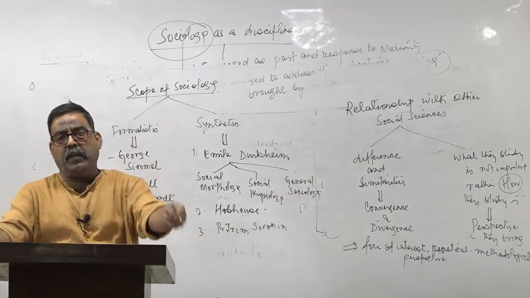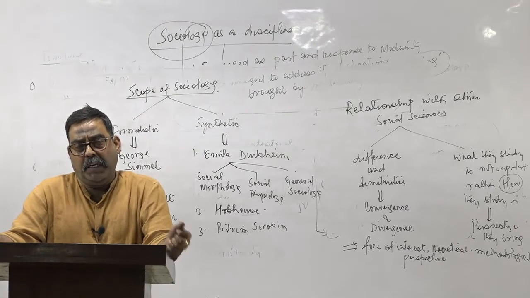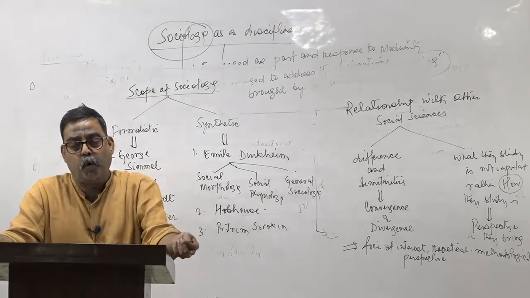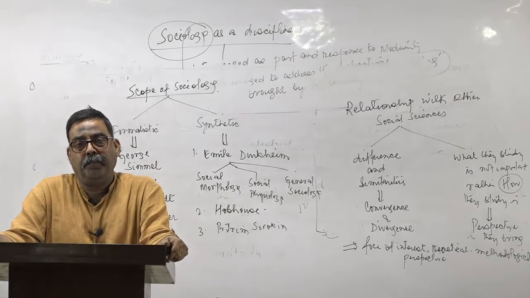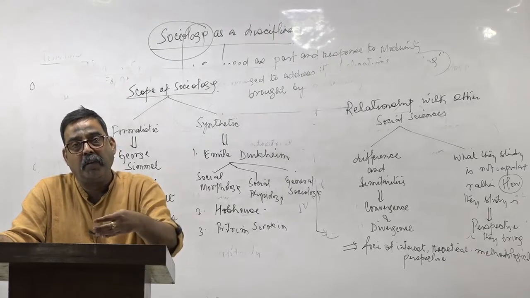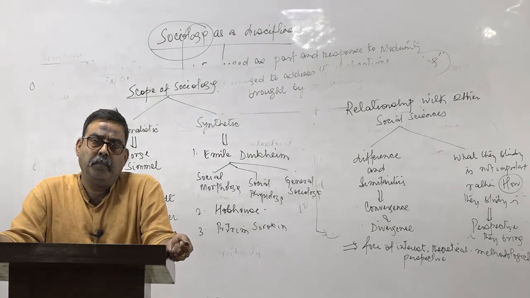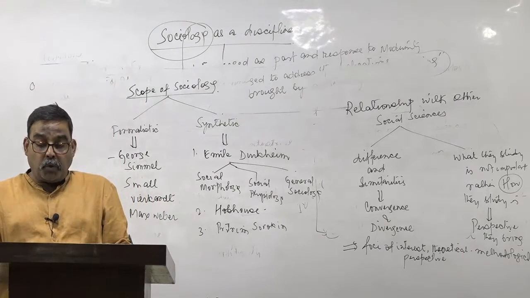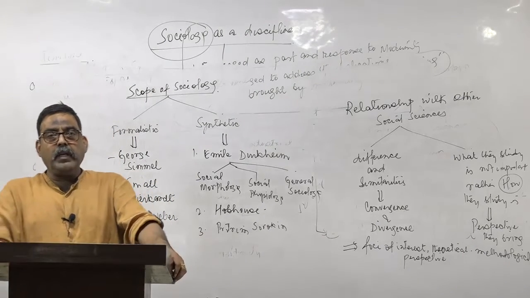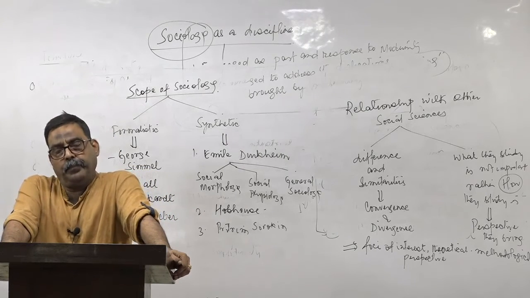But all along this journey, when sociology has emerged, developed, institutionalized, raised the debate on its nature, raised the debate on its scope, and I also talk about the relationship with other social sciences, one accusation has always been there and still it is going on: that sociology is basically the study of the obvious.